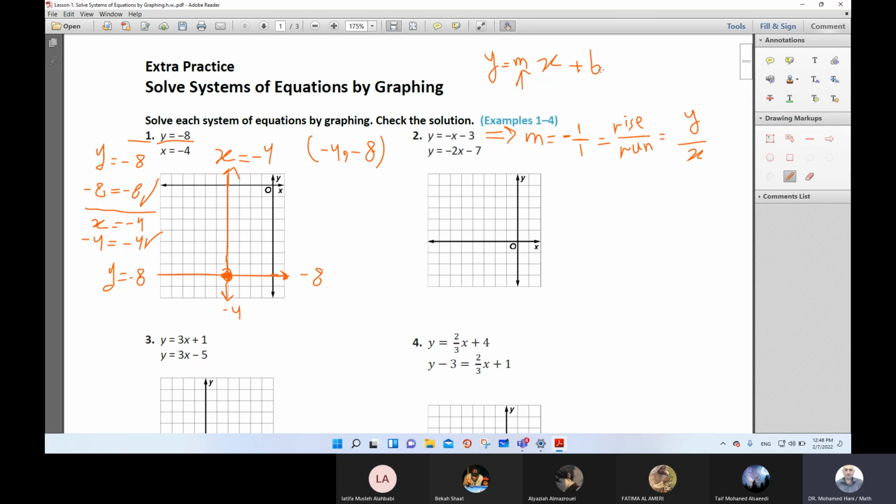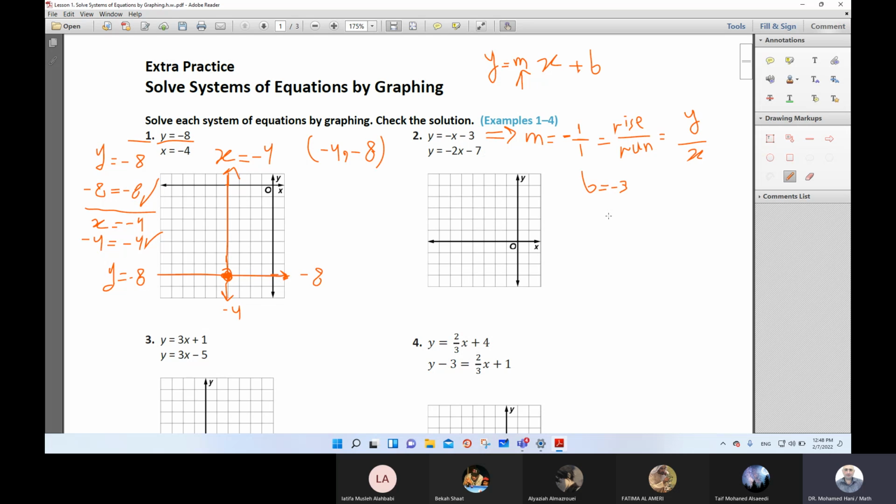And who can tell me what is the value of the y-intercept in this equation? What is the value of the y-intercept? Minus 3. So b equals minus 3.